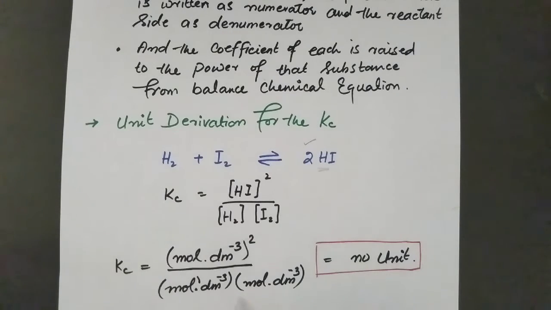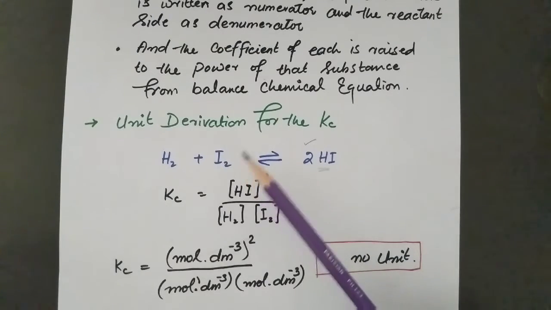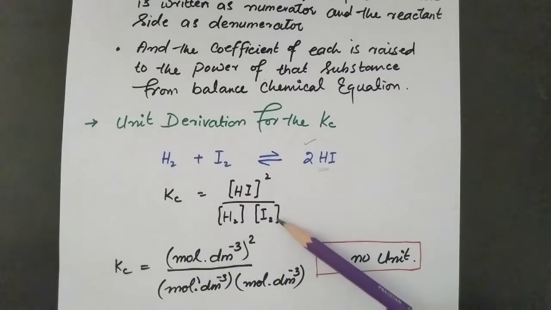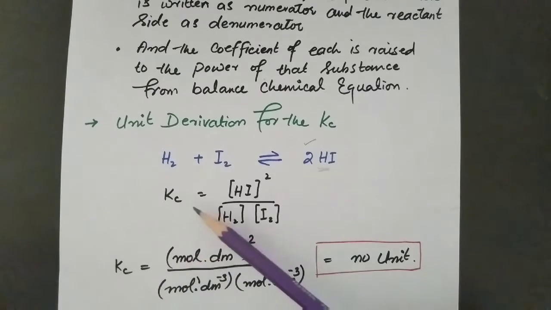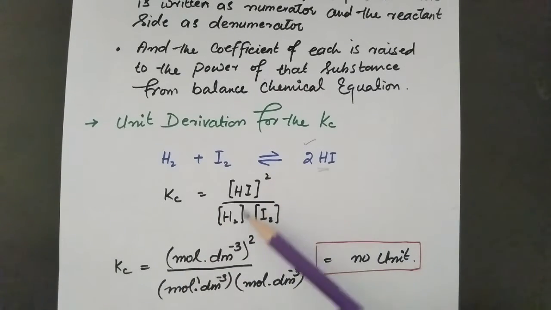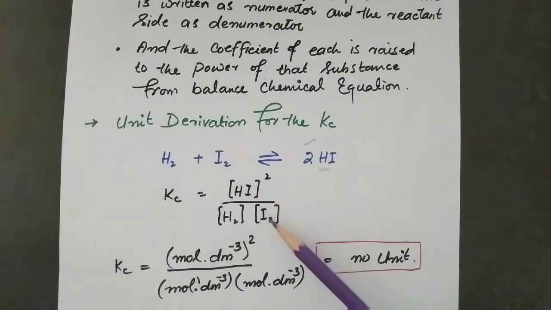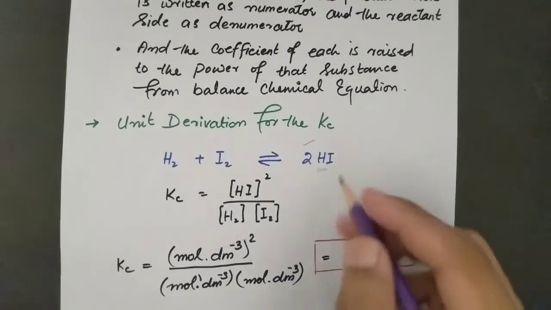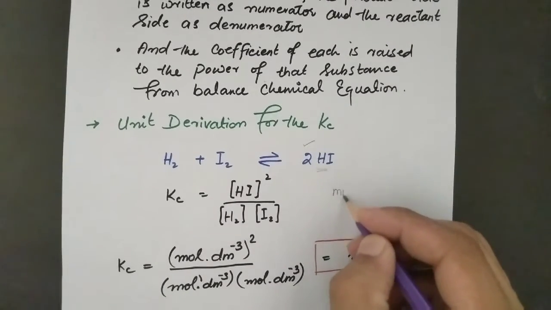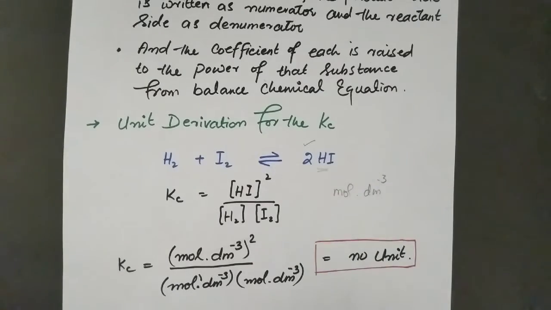Now the Kc expression: we know that the product side is written in the numerator and the reactant side is written in the denominator. So Kc is equal to hydrogen iodide raised to the power of its coefficient, over the concentration of the hydrogen molecule and the concentration of the iodine molecule. We know that the unit for concentration is mole per decimeter cube.